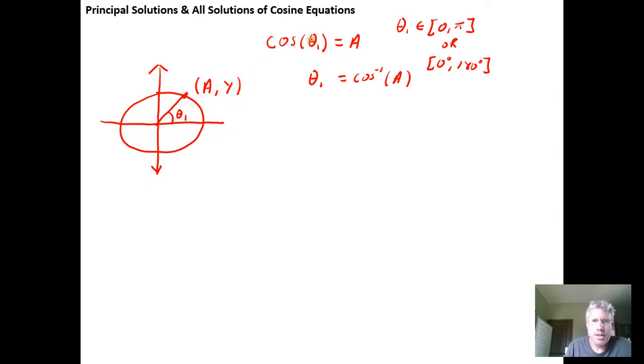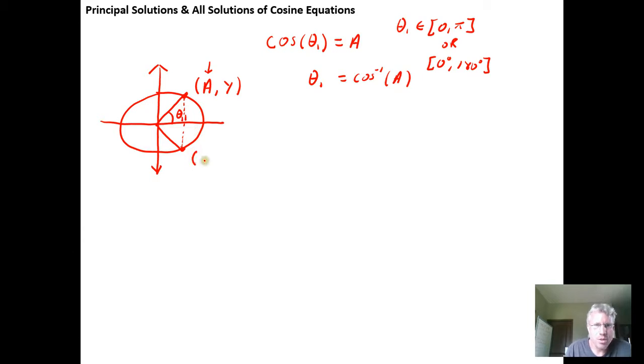So we input theta sub 1, and the output is the x-coordinate on the unit circle. The thing to notice is that to get another angle that outputs a side ratio of A, what we could do is reflect this point down into quadrant 4, and if we do that, so here's our angle theta sub 1.